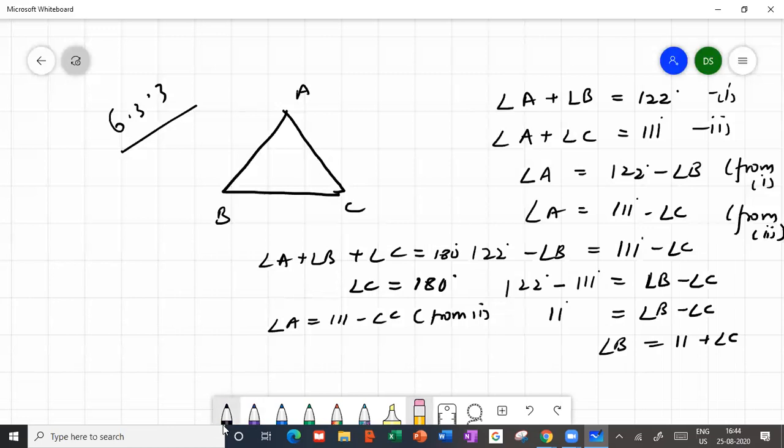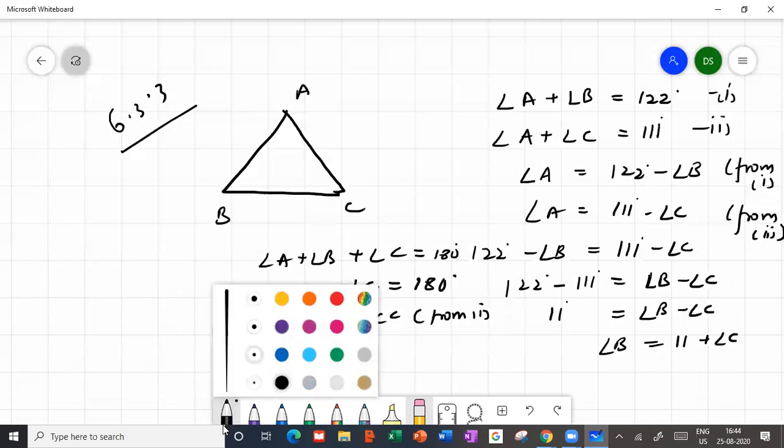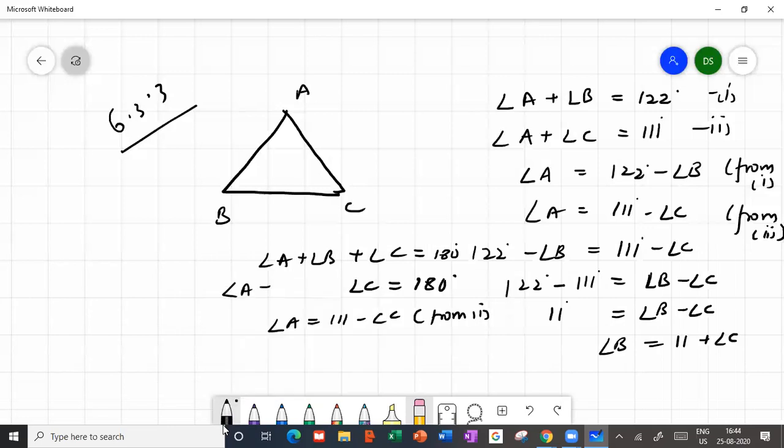Oops, my bad. 11 plus angle C plus angle C. Correct. So I'll just substitute this. So 111 minus angle C plus 11 plus angle C plus C is equal to 180. Correct. So I can just cancel out one C here.